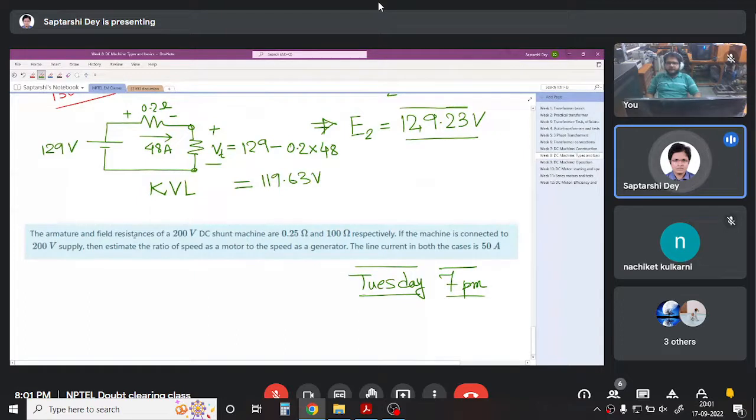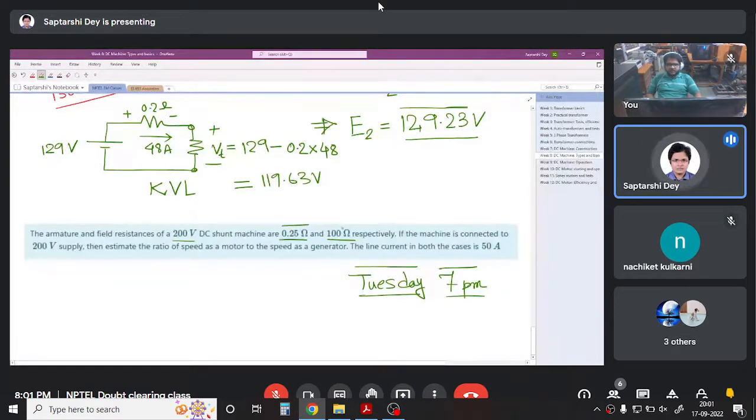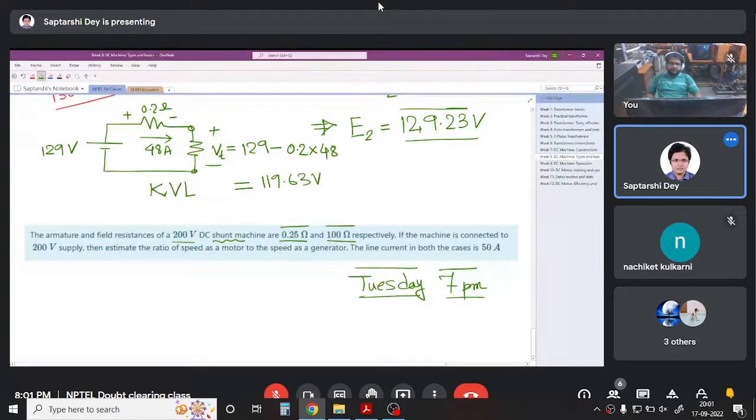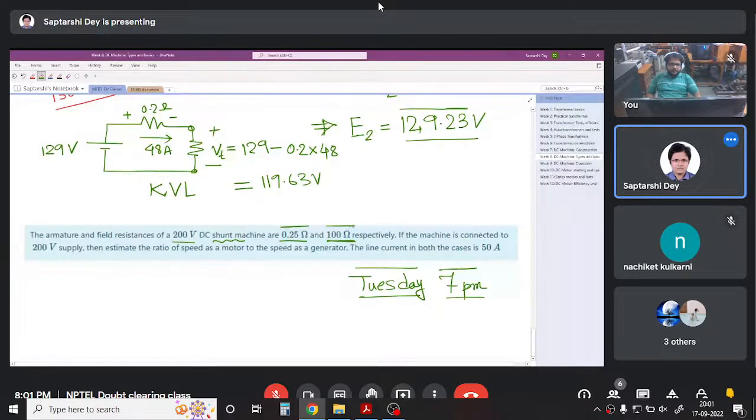The armature and field resistance of a 200 volt DC shunt machine are this and this. Let us first look at these figures, forget the problem. See, this is a shunt machine, right? The armature resistance is so small and the field resistance is so large. It is 400 times the armature resistance.